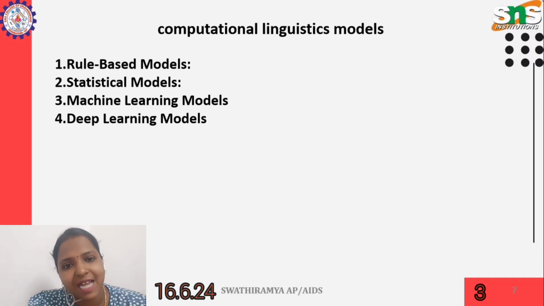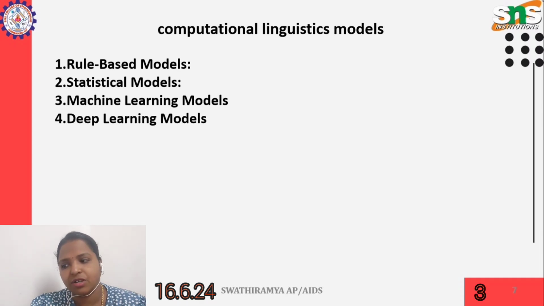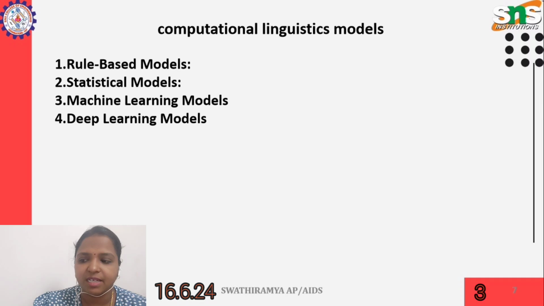Second model, the statistical model. From the name it's very clear. The statistical model in NLP involves using statistical techniques to analyze a large amount of language data. Third, the machine learning models. Obviously, machine learning models include techniques like supervised learning, unsupervised learning, and reinforcement learning applied in NLP.